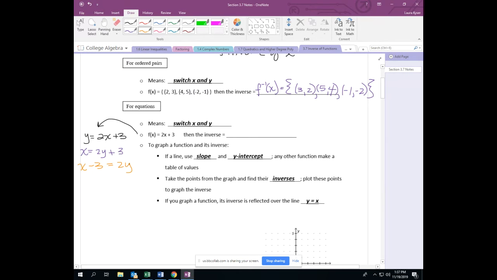And then divide both terms by 2 to isolate the y. So x divided by 2 becomes 1/2 x, minus 3 divided by 2 is 3/2, and there's your y. So this is my inverse, and if you like, you can write it in inverse notation. F inverse of x equals 1/2 x minus 3/2.